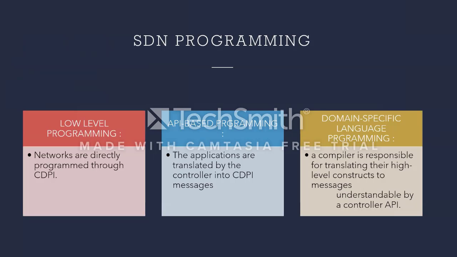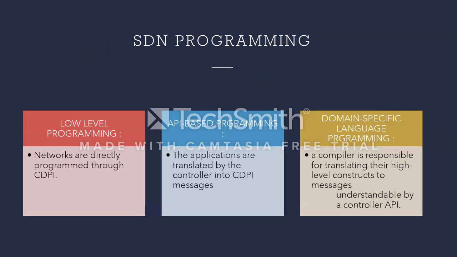When it comes to errors and inconsistency detection, they should be handled manually. And low-level programming is done in general-purpose languages, that is C, Java, Python. These are some examples of general-purpose languages.